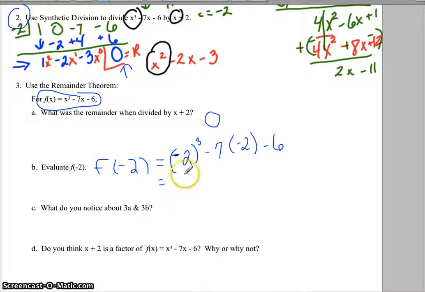Negative 2 cubed is negative 8. Negative 7 times negative 2 is plus 14, minus 6, which is 0.